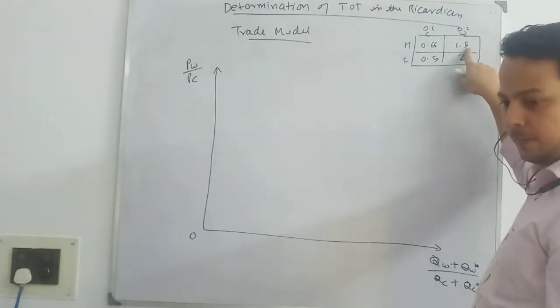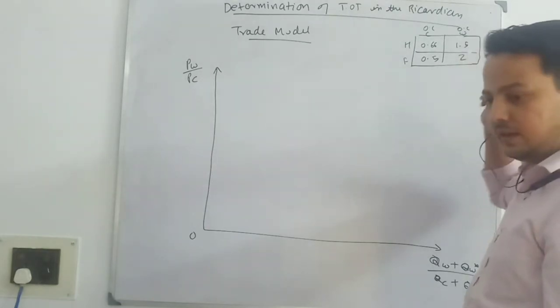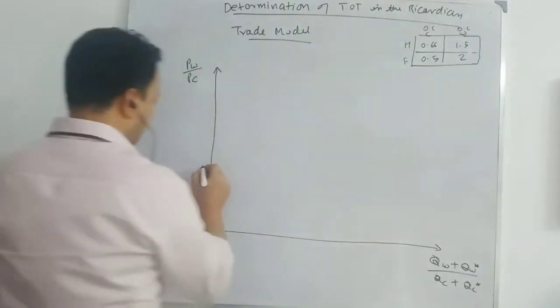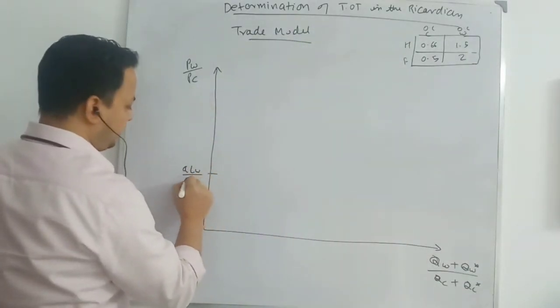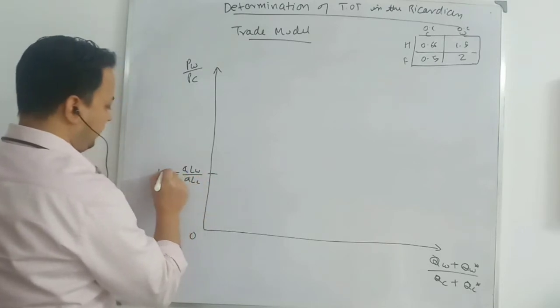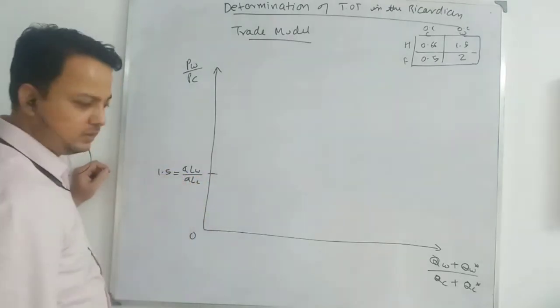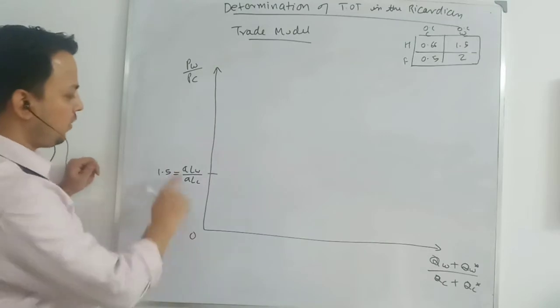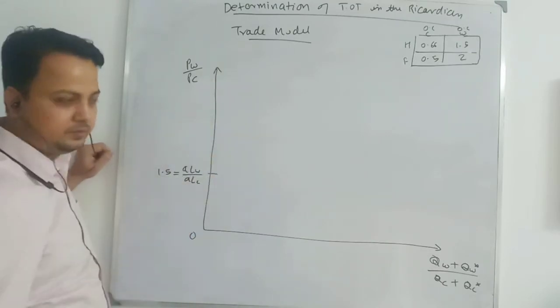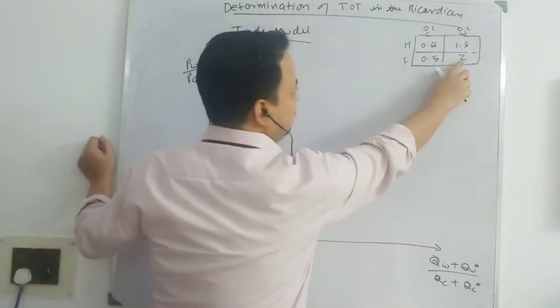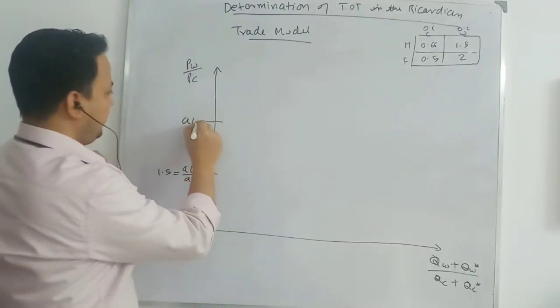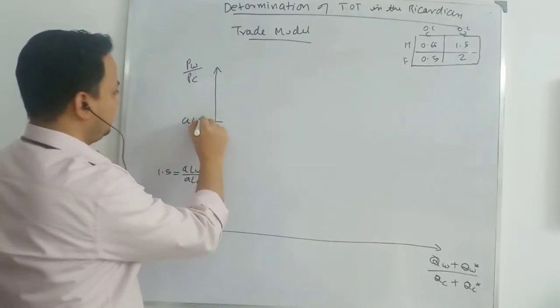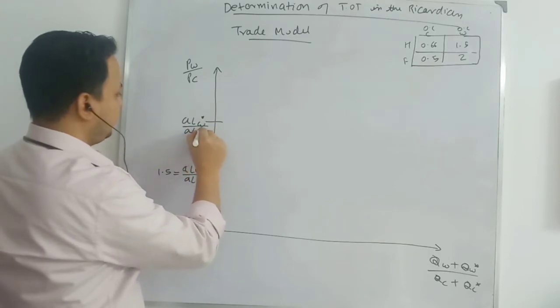Yesterday's lecture, when I was finishing it. So my AW over AC is 1.5. What is the opportunity cost of wine in terms of cheese in the foreign country? It is 2. So it will be here AW star over AC star.